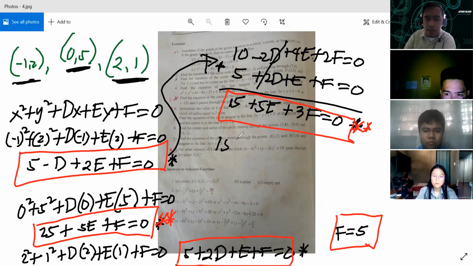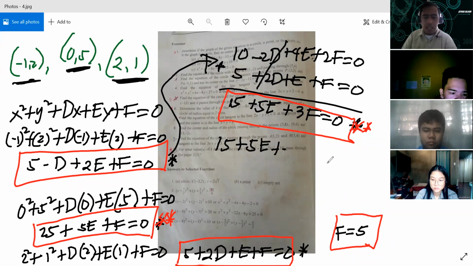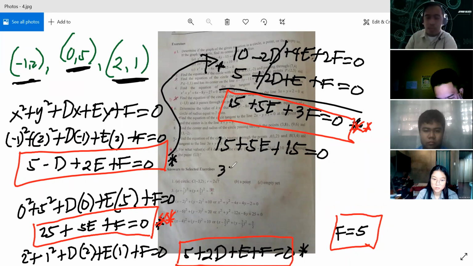So the next thing is, let us use this one. So this is now 15 plus 5e plus, your F is 5, right? 5 times 3 is 15 equal to 0. If you combine these two, this becomes 30 plus 5e equal to 0.